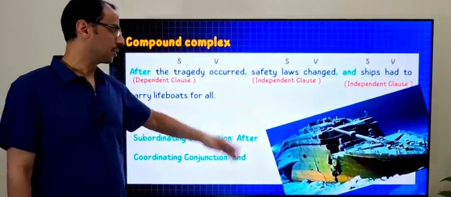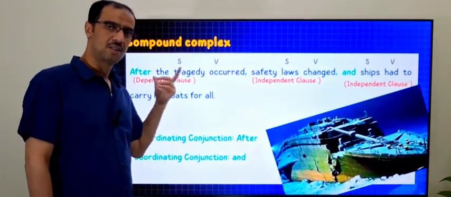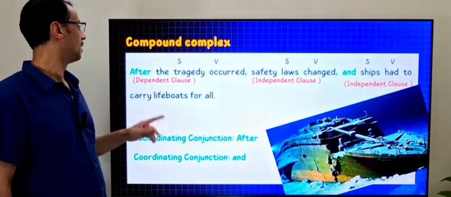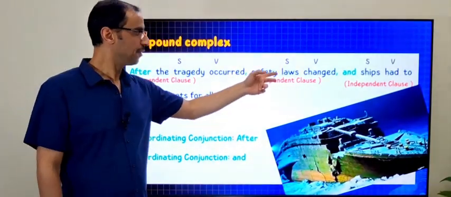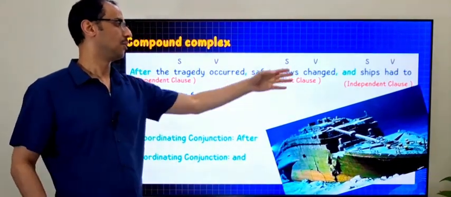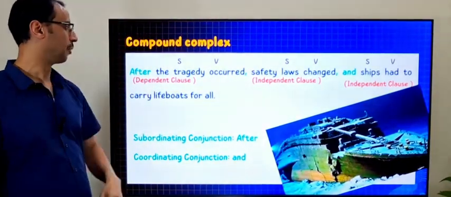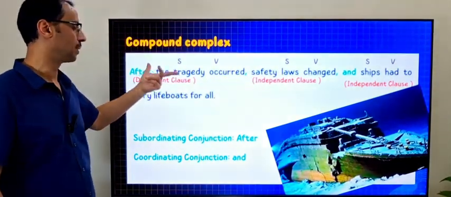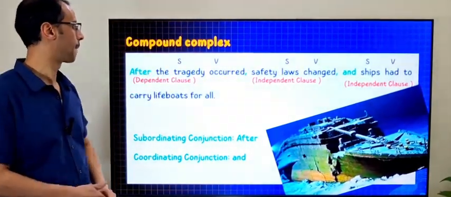After the tragedy occurred, again, that is the subordinating clause starting with after. Safety laws changed and ships had to carry lifeboats for all. So this is again compound and complex.